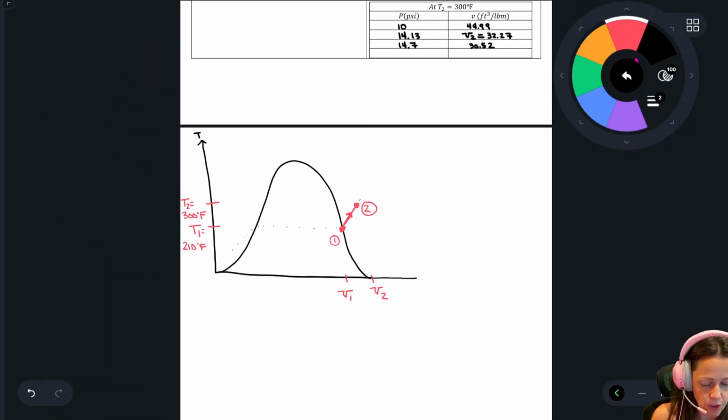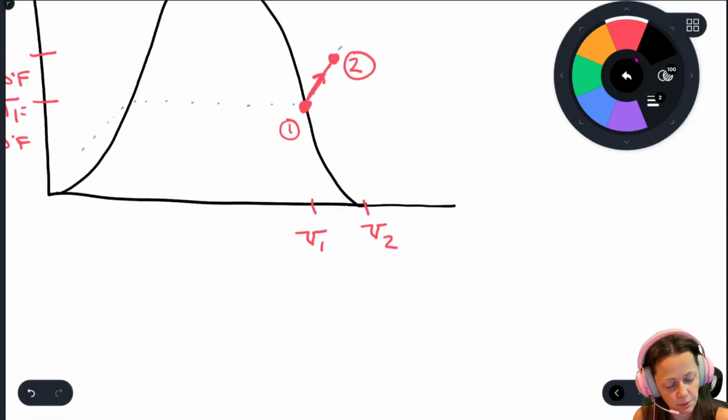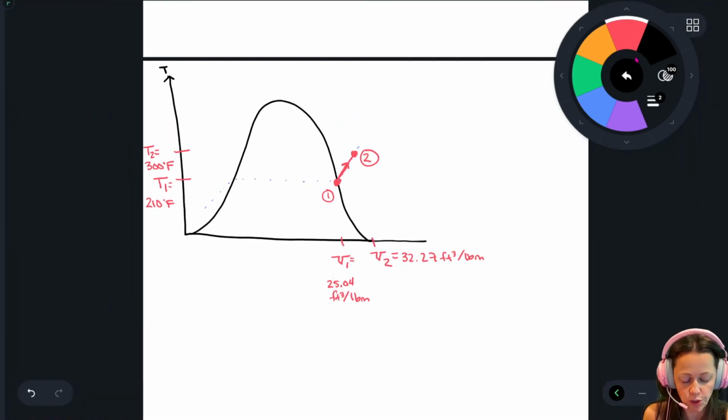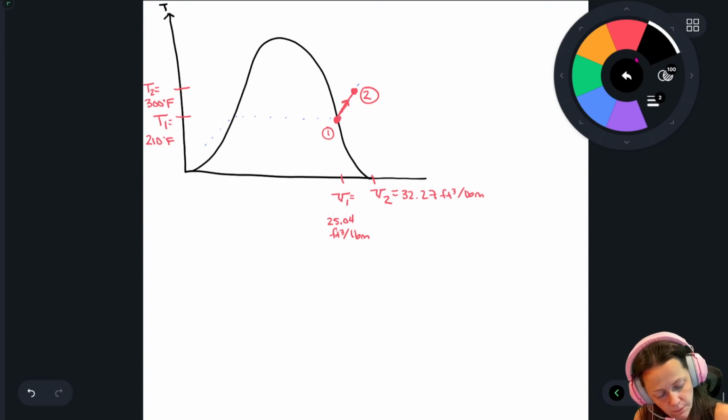My units are included, but I'll put V2 is 32.27 feet cubed per pound mass, and V1 we calculated as 25.04 feet cubed per pound mass. There we go, so there's my TV diagram. Let's go ahead and do the PV diagram, and that will be it.